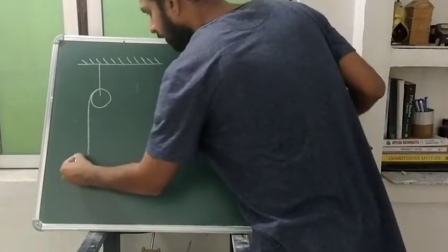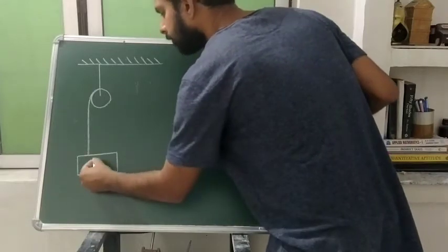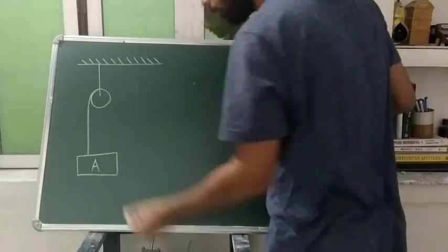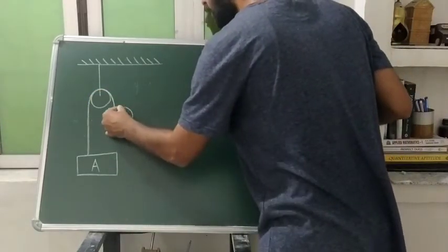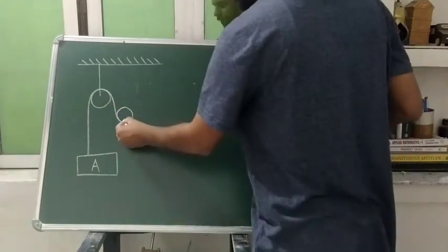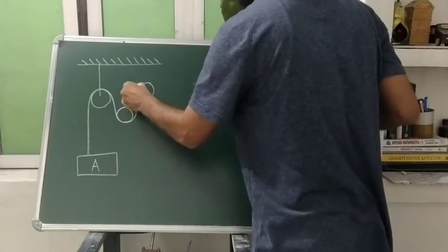One end of that string is connected with this mass A. The other end of the string is going over the other pulley, and the other end is moving over one other pulley.